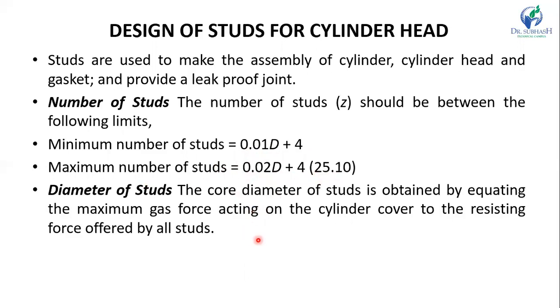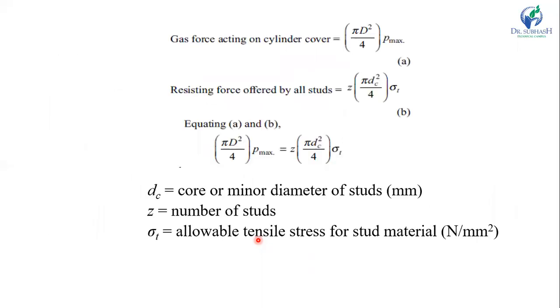Now the diameter of the stud. The core diameter of the stud is obtained by equating the maximum gas force acting on the cylinder cover to the resisting force offered by all studs. The gas force acting on the cylinder cover is equal to pi by 4 D square, that is the area, into P maximum, the internal pressure.